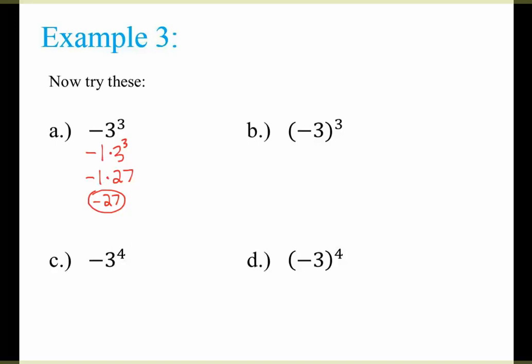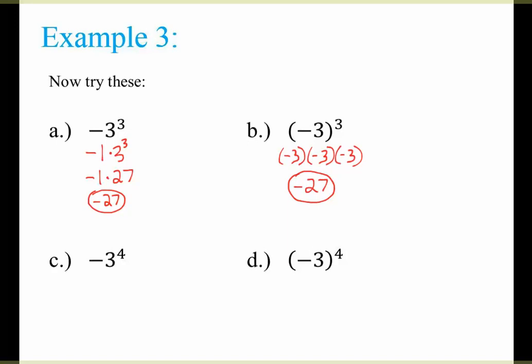This is going to be negative 3 replicated, so negative 3 times negative 3 times negative 3. Are you going to end up with a negative answer or a positive answer? Well, in this case, a negative times a negative times a negative is a negative, so you get negative 27. You get the same answer as in A, but for very, very different reasons.